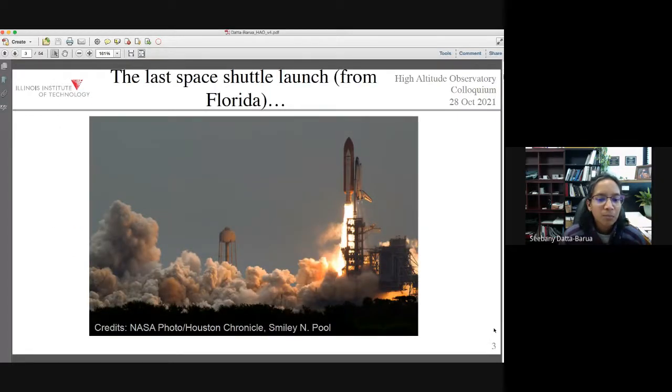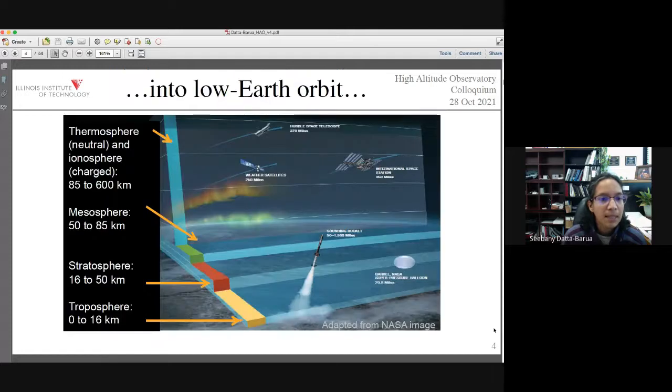So just to ease us in, I'll point out that the last space shuttle launch was about 10 years ago now, and it would launch from Florida. All the shuttles did, and it would launch into low Earth orbit. And so that's not the vacuum of space. It would go up through the layers, past the troposphere, the stratosphere, beyond the mesosphere, 50 to 85 kilometers, and up towards the lower thermosphere.